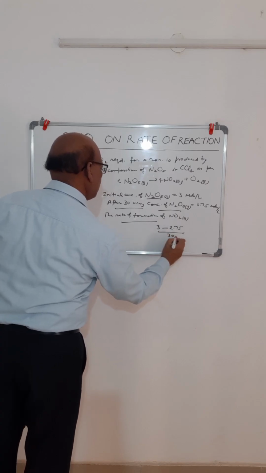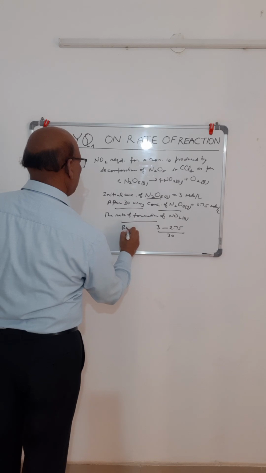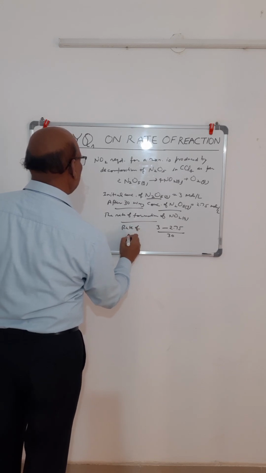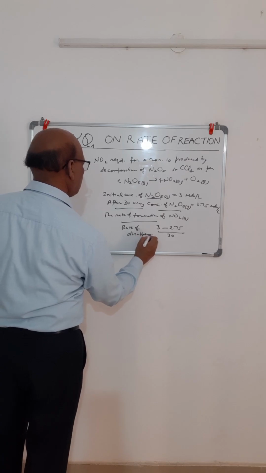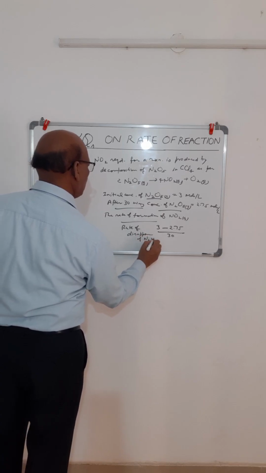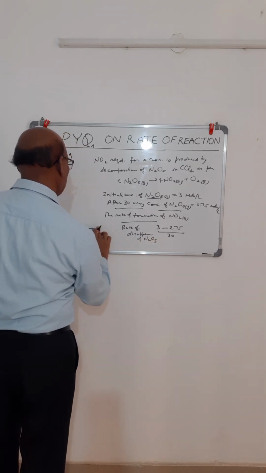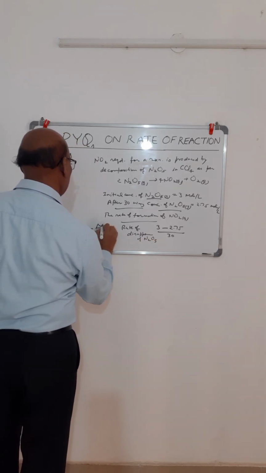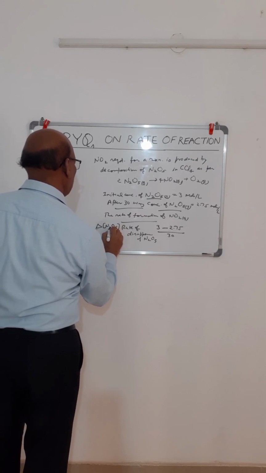So this is the rate of disappearance of N2O5, that is minus delta[N2O5] upon delta t.